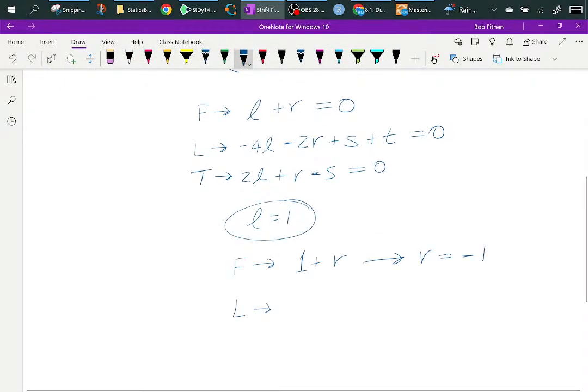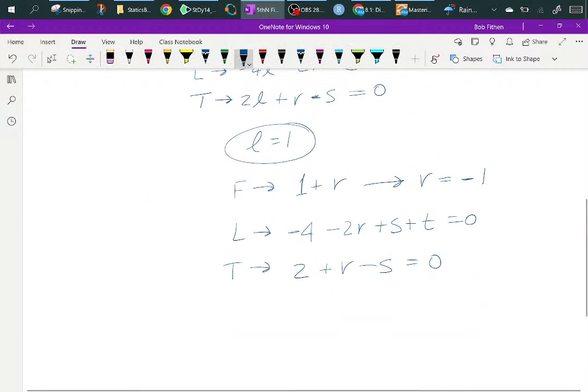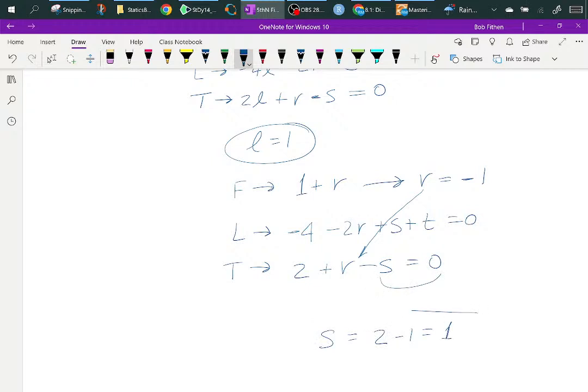So I say minus 4 minus 2R plus S plus T equals 0. And that last time equation gives me 2L plus R minus S equals 0. So if I stick the R in here and move the S over, S is equal to 2 minus 1, or S will be 1. So I get S equal 1, R equal minus 1.